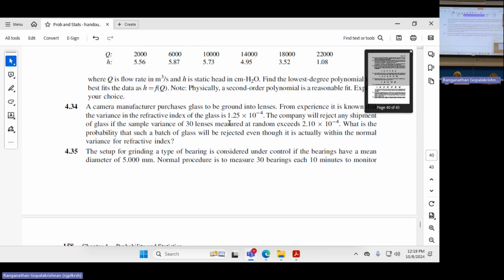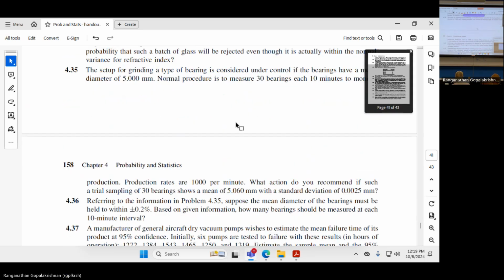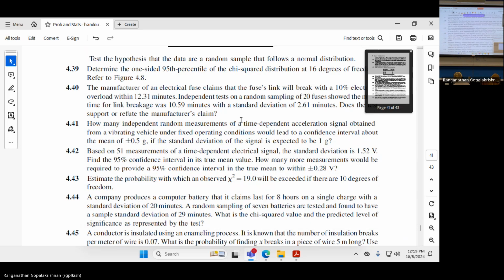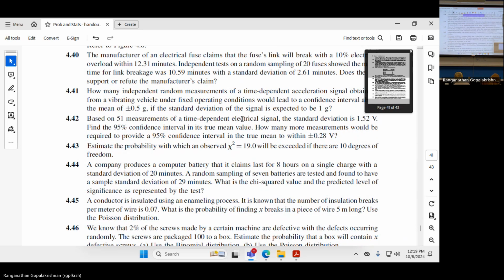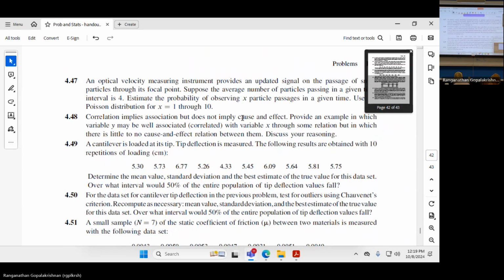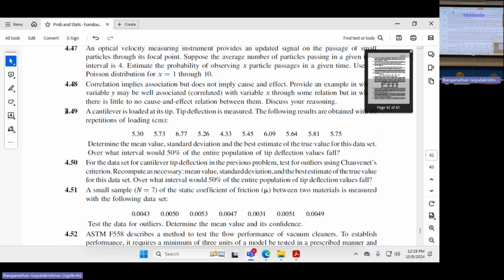Just want a simple example to show you. All right. So look at problem 4.49.